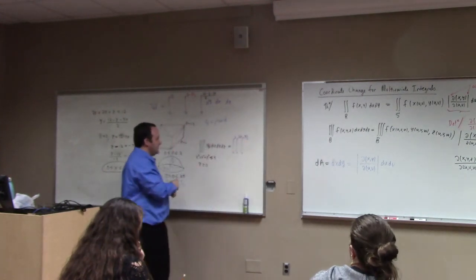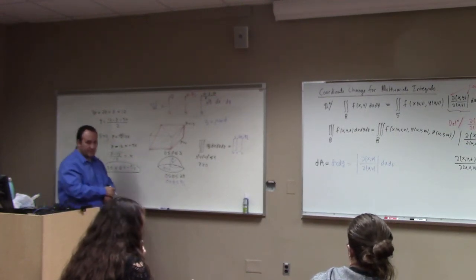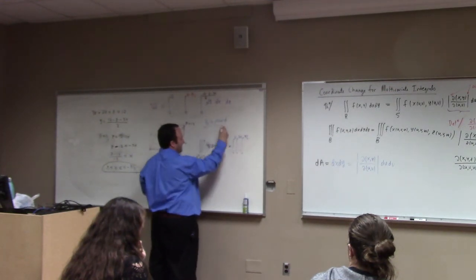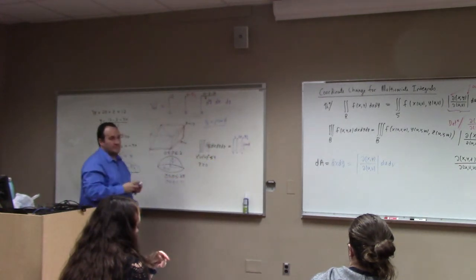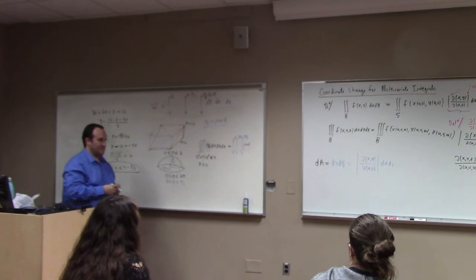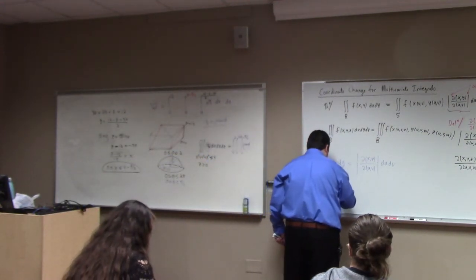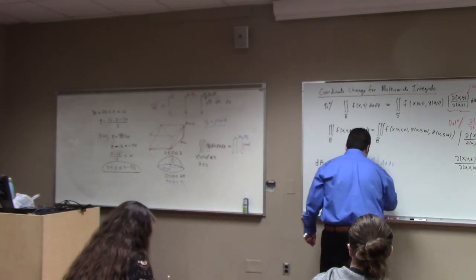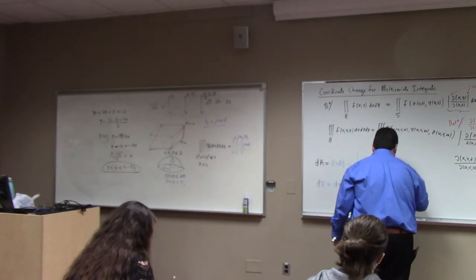Then I have to change the z into spherical coordinates. That's easy enough. That's rho cosine phi. But then we have to face the music. Because dV, the infinitesimal volume, in Cartesians is dx dy dz, but in spherical coordinates would be the partial of x, y, z with respect to rho, phi, theta, d rho d phi d theta.